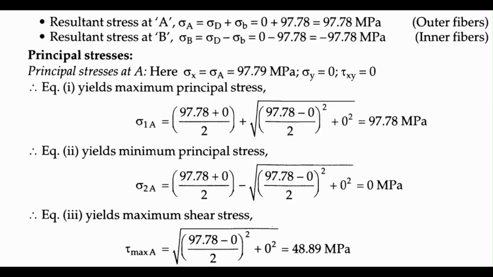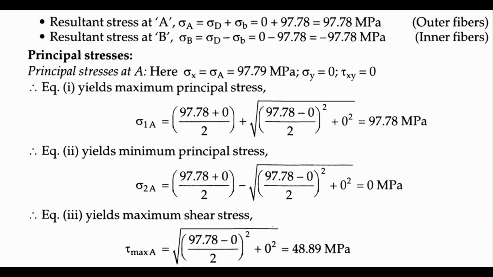In the axial condition you can simply directly find principal stress, but in the bending stress problem, you have to find the resultant stress before finding principal stress, and that resultant stress is the combination of both axial and bending stress. So for the resultant stress at A, we know that's the outer fiber where tension will occur due to bending.